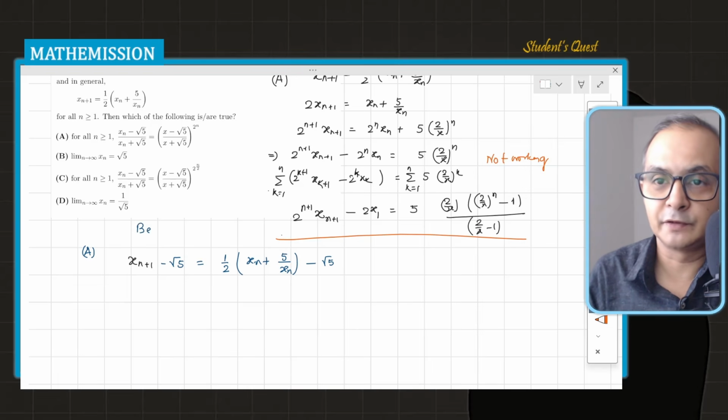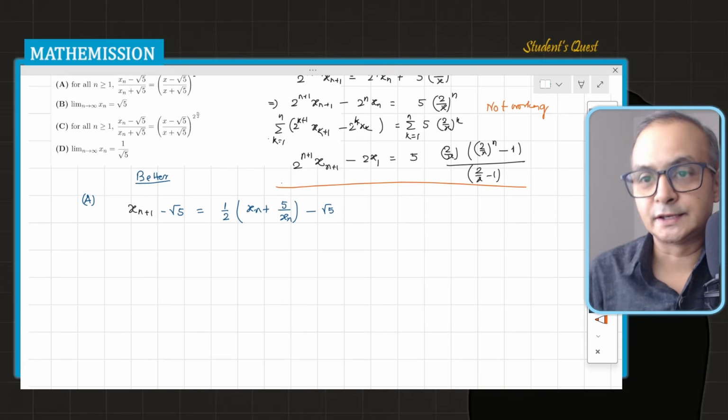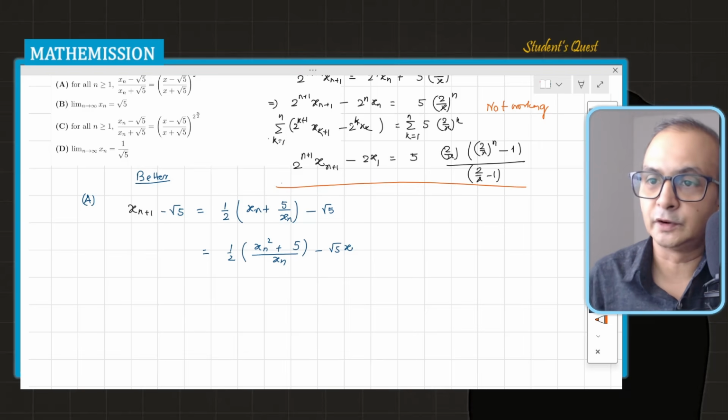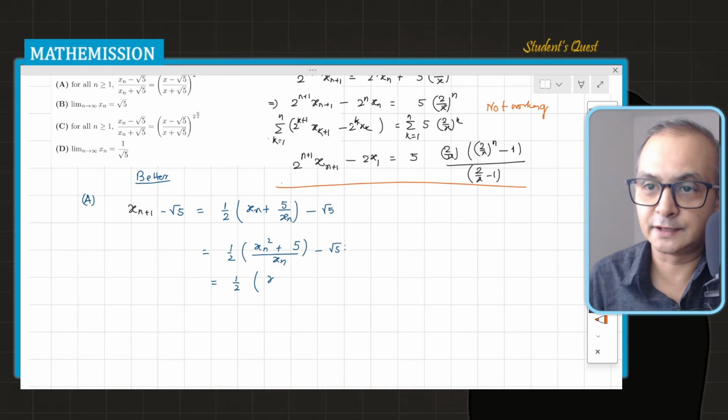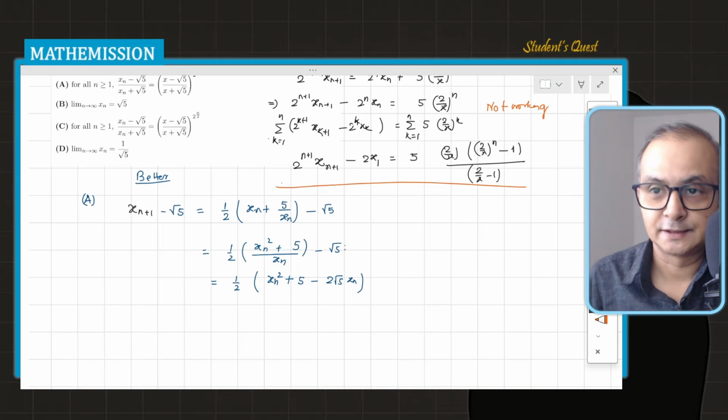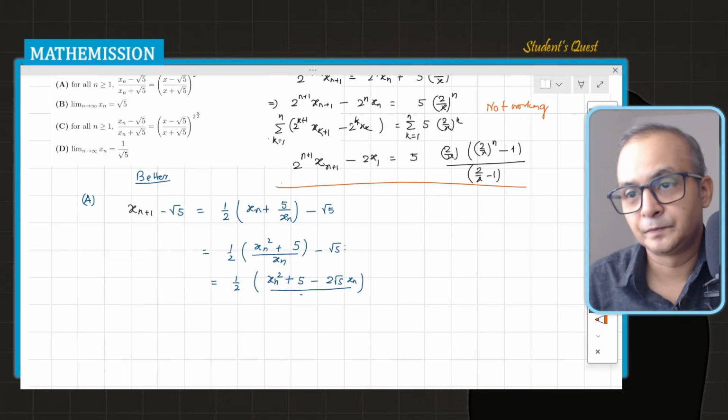By the way, this is the better way I suggest, because I'm guessing that this will work. So this is going to be xn squared plus 5 by xn, and minus root 5. If you take the LCM, half is out from each of the terms, so I can take it as xn squared plus 5 minus 2 root 5 xn, divided by xn.